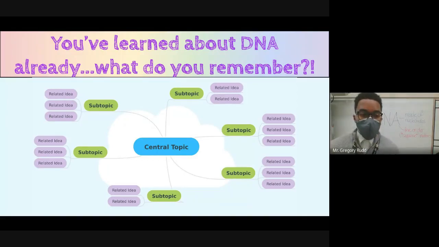So I wrote the order, aka the sequence, matters. And then we've got another comment from Abigail. They have the instructions to make proteins.